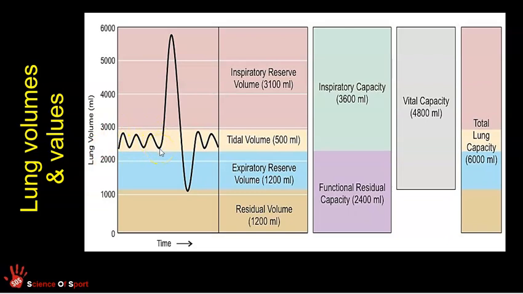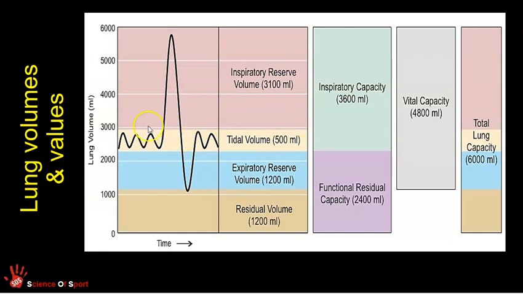If I were to take a deeper breath in, and inhale a greater volume of air in that breath, I go beyond my normal tidal volume and I take in extra air. I inspire extra volume. Now this darkened, almost browny, pinky looking area up here, this area above our normal resting tidal volume area is called the IRV, our inspiratory reserve volume.